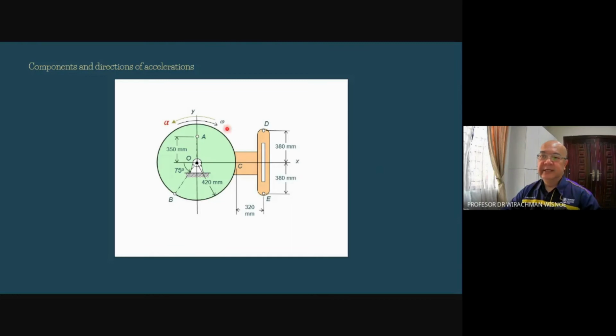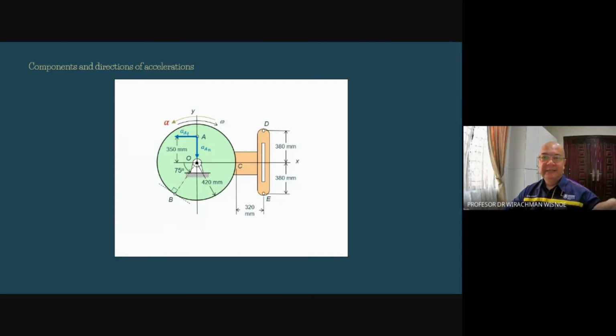That is the acceleration. So at A, the tangential acceleration is going to the left, and then the normal component going to the center.